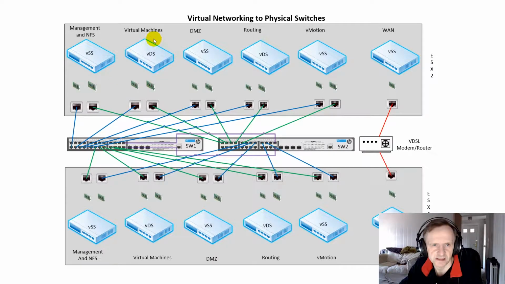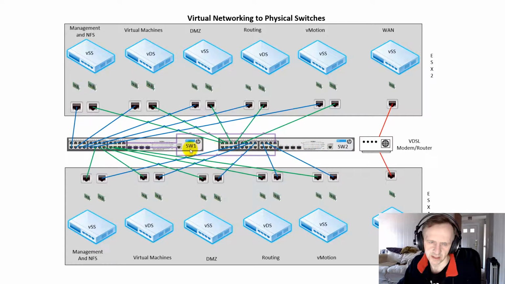They're not database VMs on that NFS storage, so the 1 gig should be fine for the amount of VMs I've got on there. For virtual machines, yep, got one uplink to each switch.